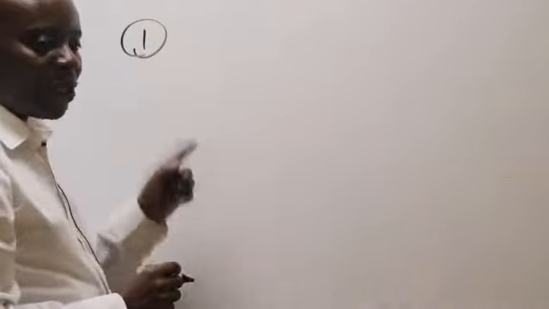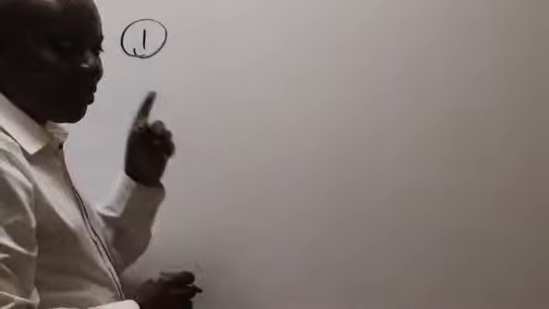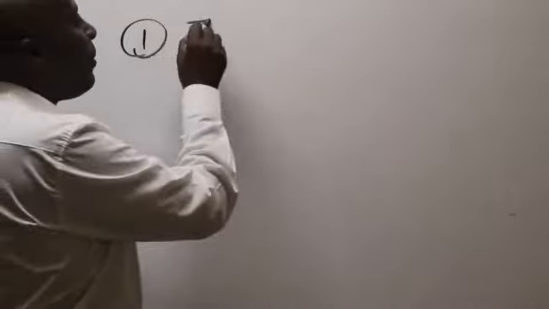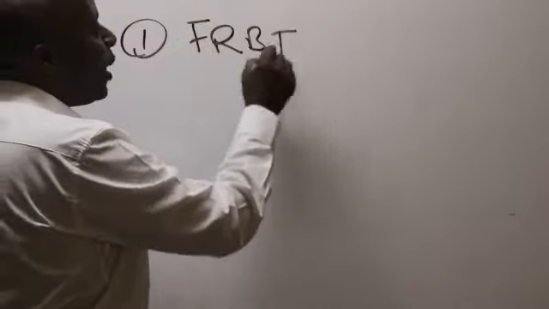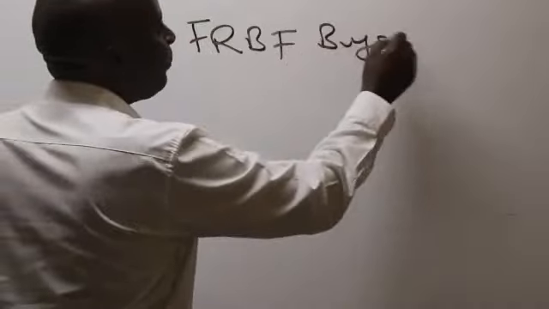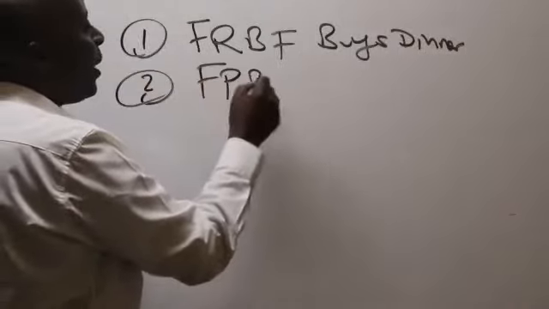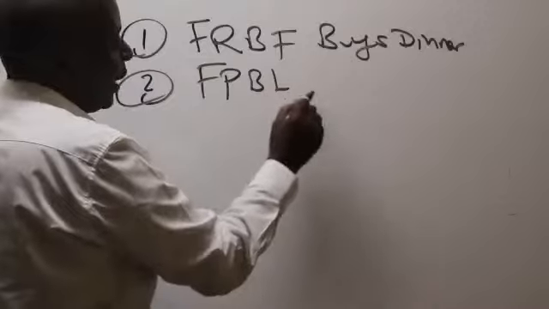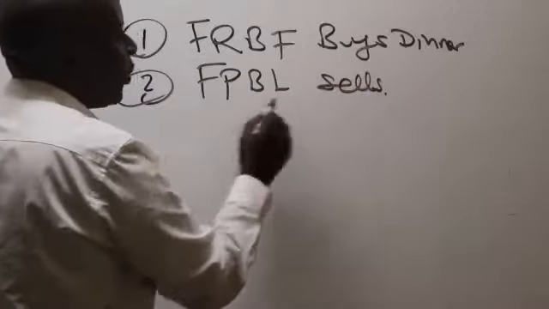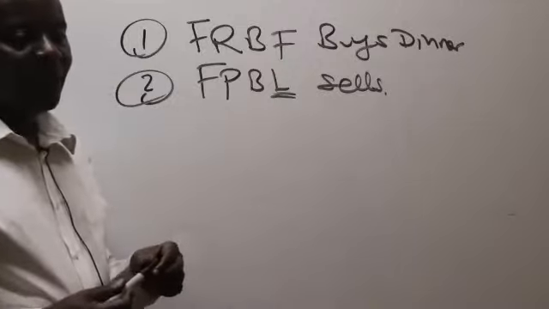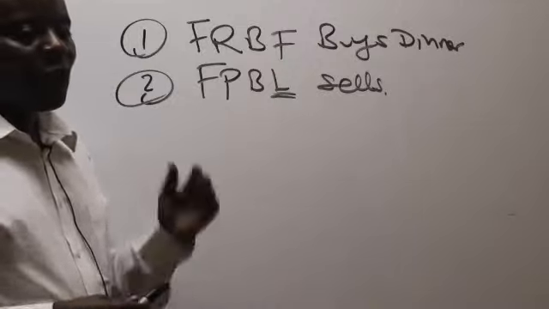But the most important thing, ladies and gentlemen, is that when they talk of money markets, this is what I am supposed to remember: the rules. Rules of money markets. Number 1, FRBL: foreign receipt, borrow local... foreign receipt, borrow foreign. And number 2, we have FPBL: foreign payment, borrow local.